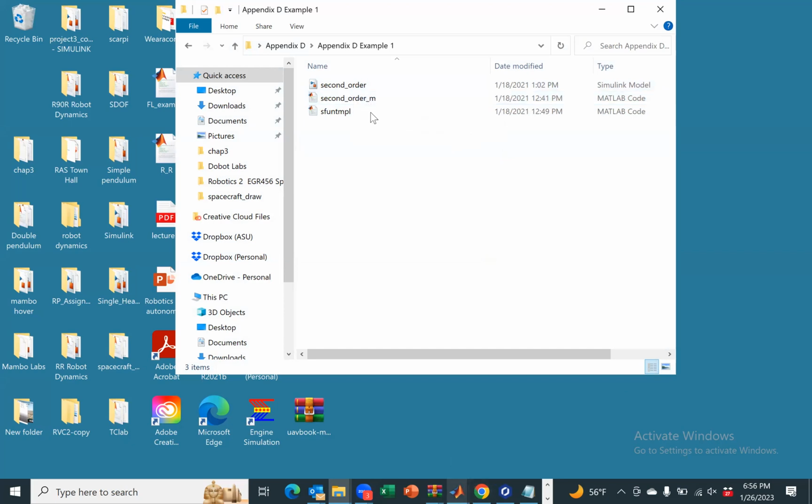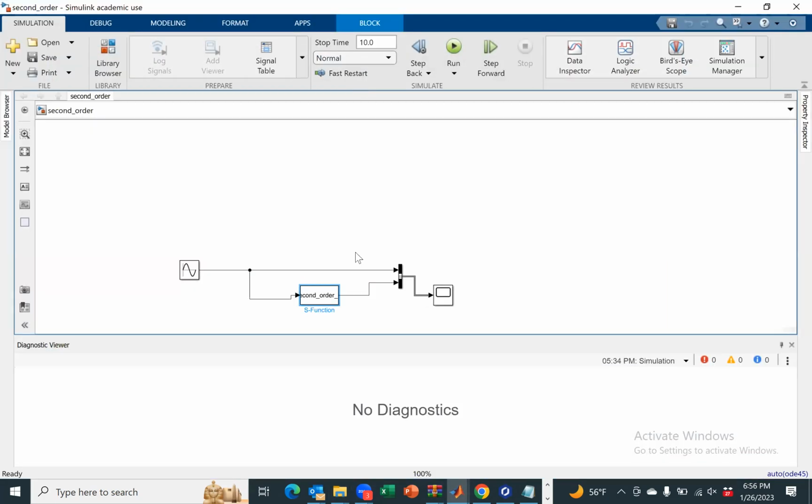If you open the second order Simulink model, you will realize this is a very, very simple model wherein the S function is the ordinary differential equation describing the dynamics of a spring mass damper system.